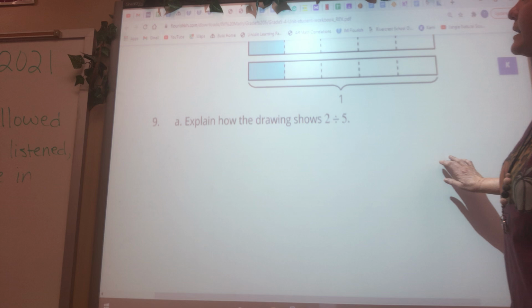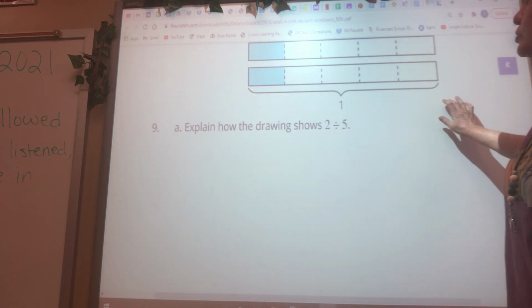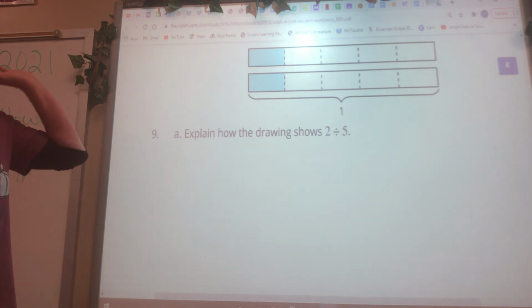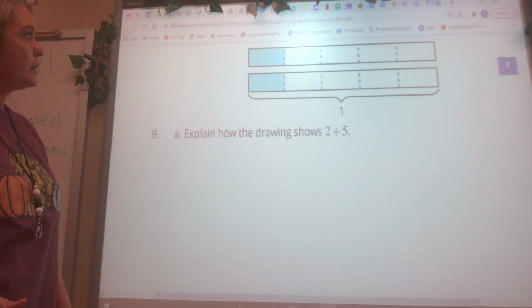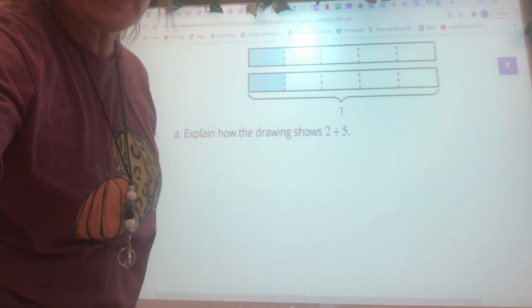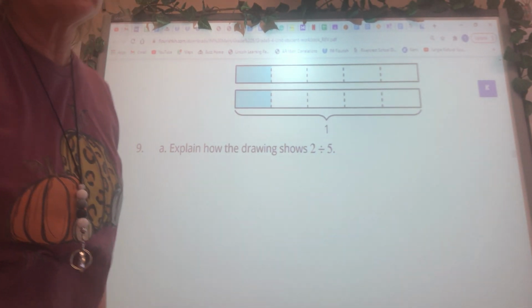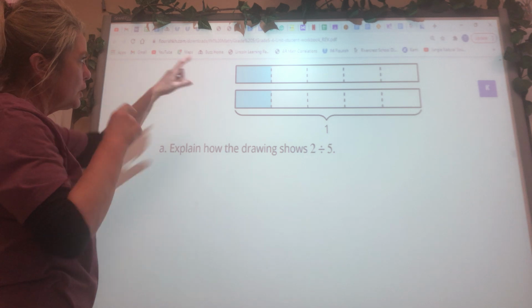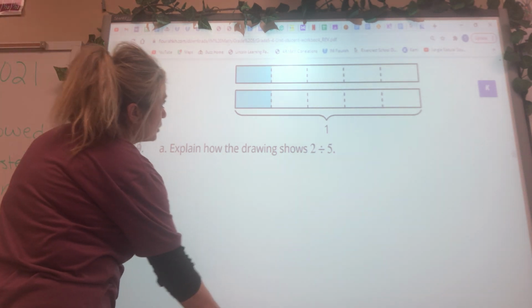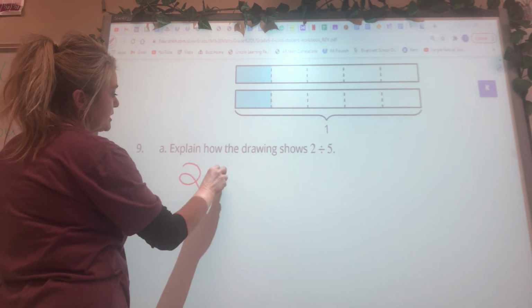Okay, number 9. Explain how the drawing shows 2 divided by 5. Whoa, we're having to draw way back on this one to way earlier in the year. Just like when we take that ACT Aspire, we have to remember everything from all year. So let's pull back. We always looked at these things like sandwiches, didn't we? So up here we have 2 sandwiches.